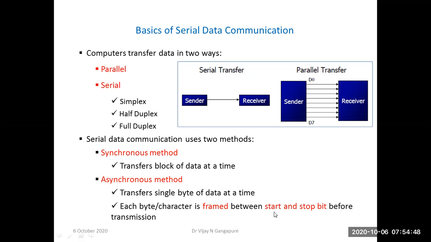So to transmit 8 bits of data, a single byte, 2 more bits are required. We are going to study this asynchronous method in detail, because it is available in the 8051 microcontroller serial port. The 8051's serial port can transmit or receive data using this asynchronous method.